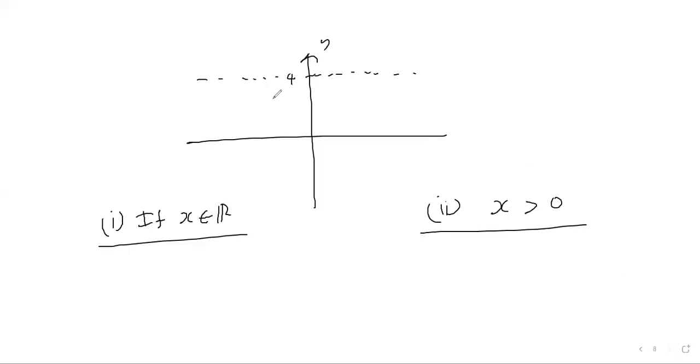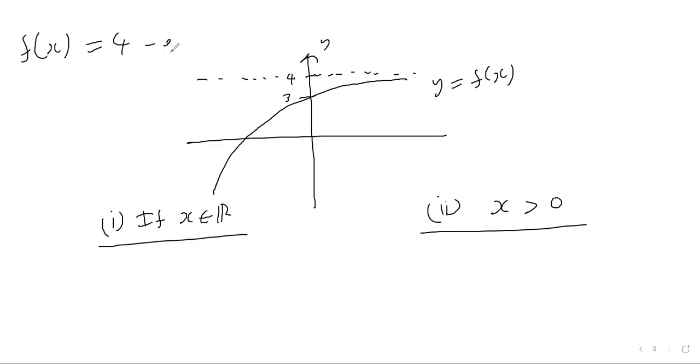So we're going to have this asymptote at 4 because remember, we're shifting this graph up 4 units, and so our graph is going to look something like this. You're going to have your point of intersection there at 3, and this is going to be our graph y equals f of x, where f of x is this 4 minus e to the minus x function here.